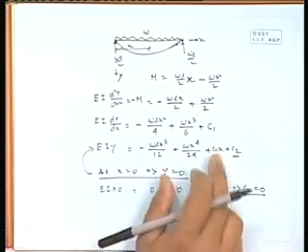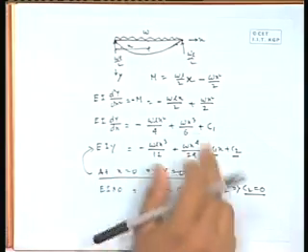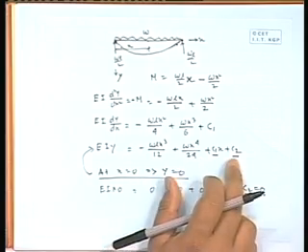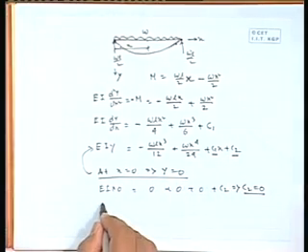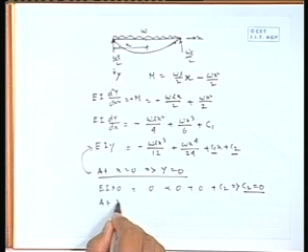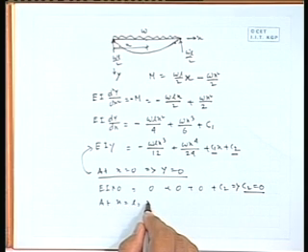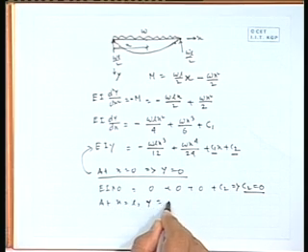So, if x equal to 0, the entire part will be equal to 0, and with y equal to 0, C2 will be equal to 0. This is one boundary condition. Now, the other boundary condition is at x equal to L, y is equal to 0.